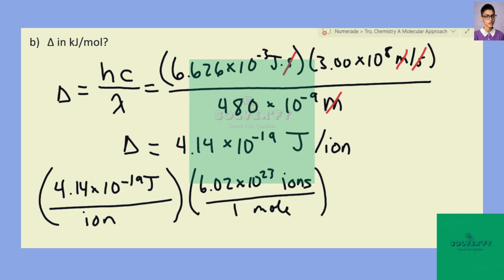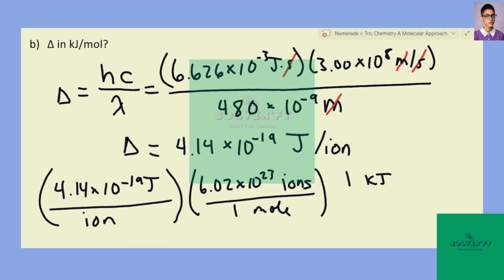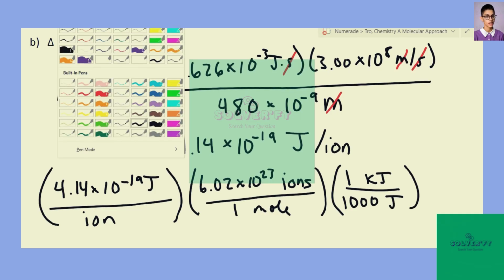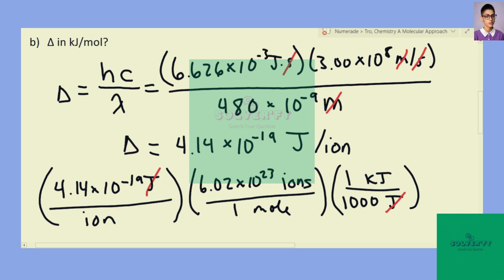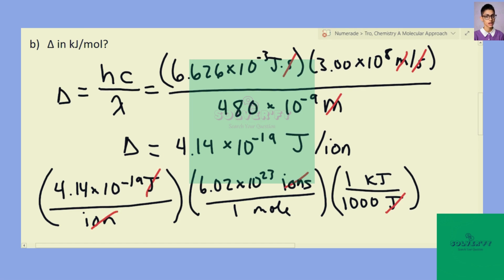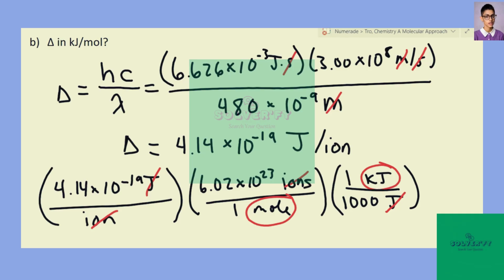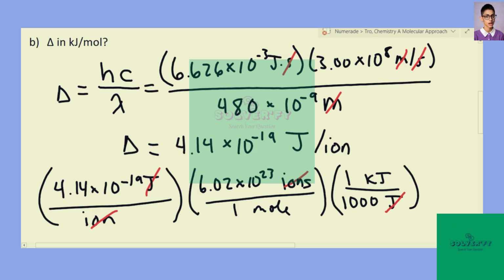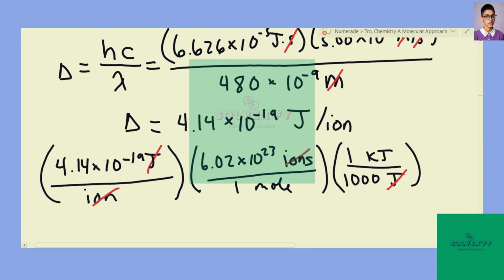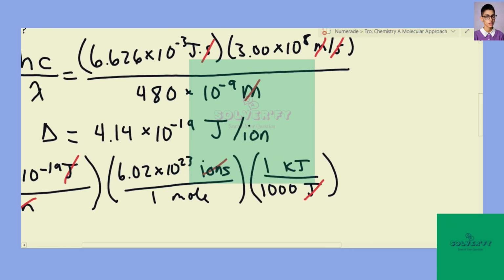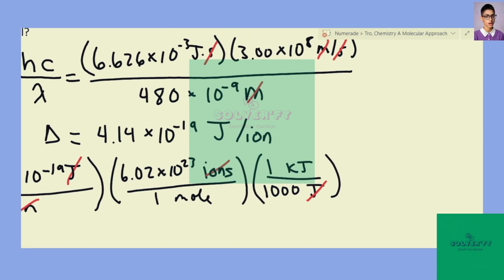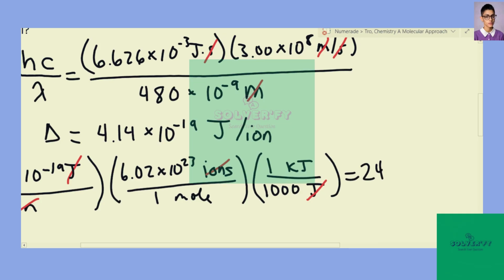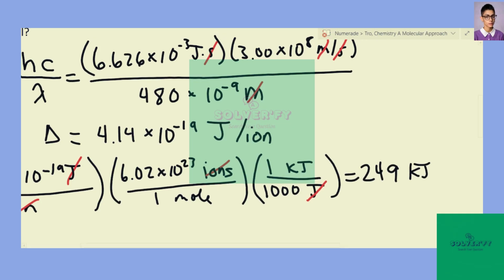Kilo means 1,000. 1 kilojoule contains 1,000 joules. Now check your units one more time. We've got joules, joules, ions, and ions. So the units we're left with is kilojoules divided by moles. And that value is equal to 249 kilojoules for every 1 mole.